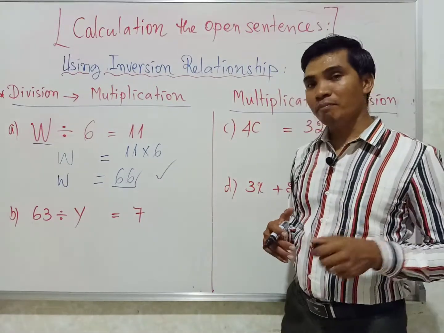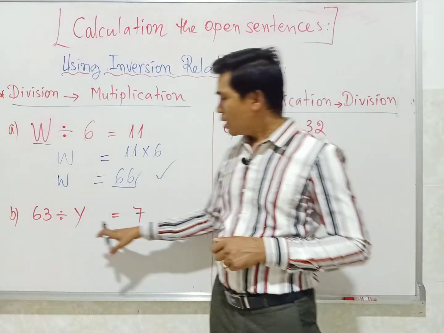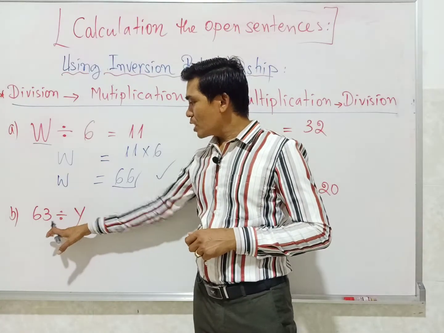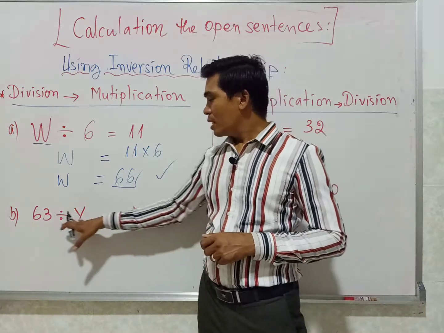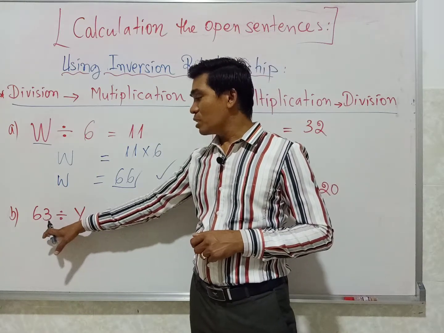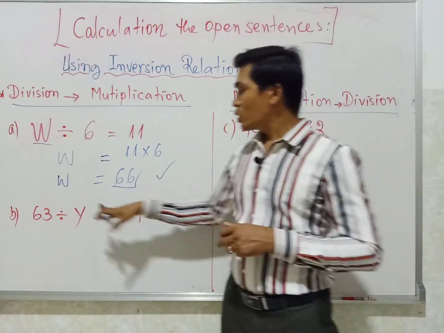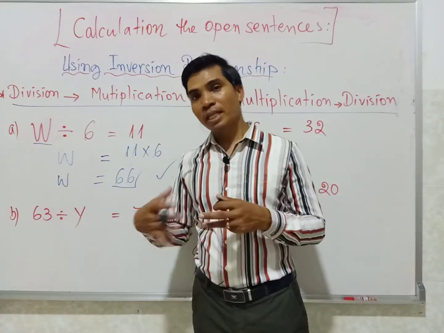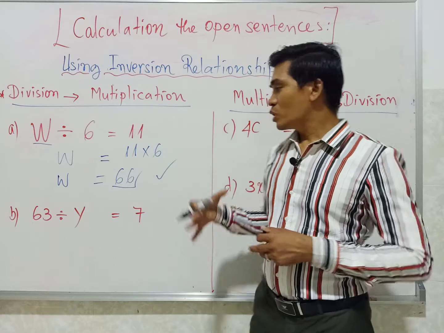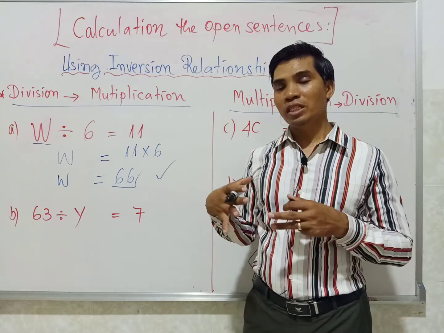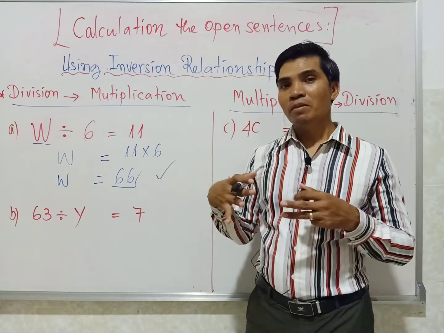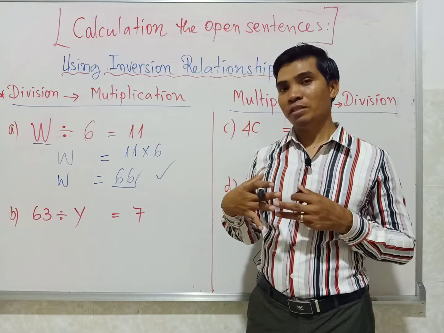So look at exercise B here. This is an open sentence, and with division, the inverse relationship is multiplication, okay. So 63, where does it come from? In division, the inverse relationship is multiplication.